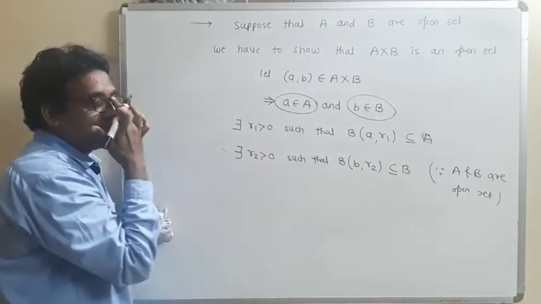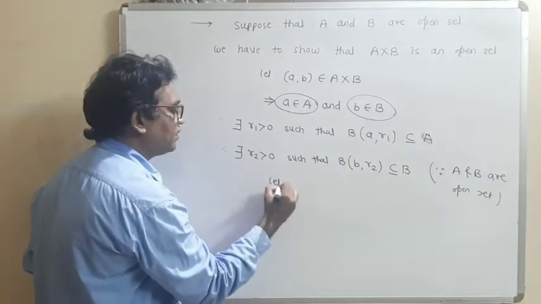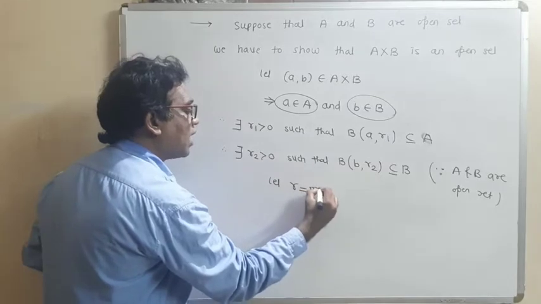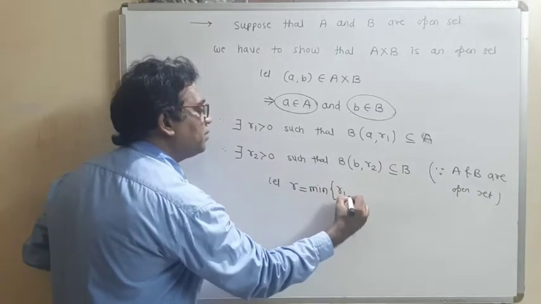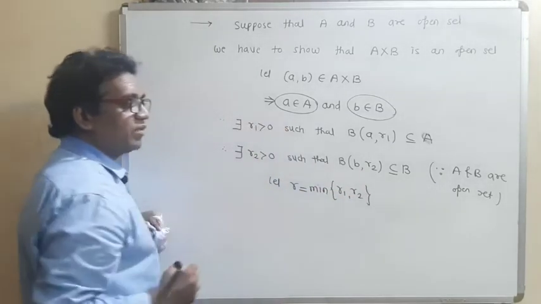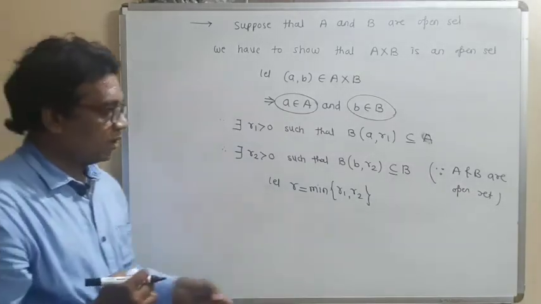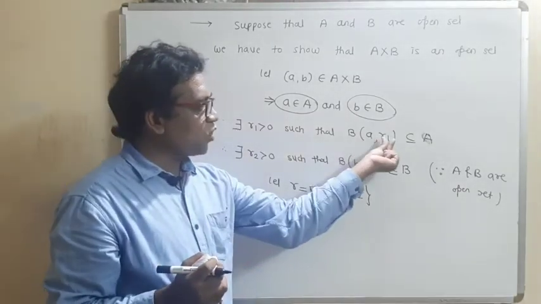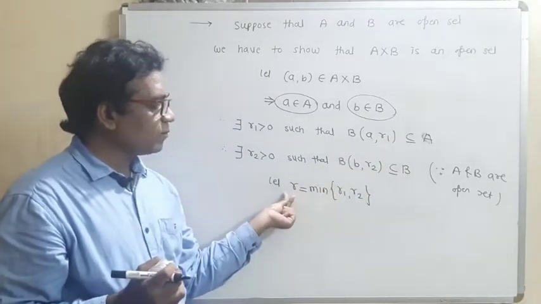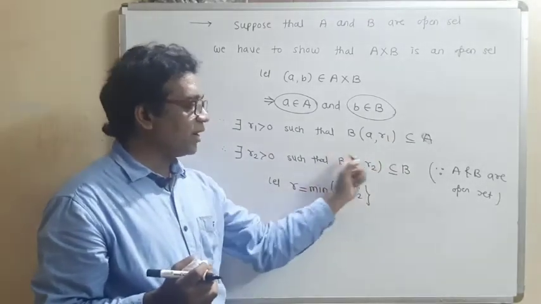Now let us put some minimum radius. Write down, let r equal the minimum of the radii r1 and r2. So this means that instead of r1 we can write r, and instead of r2 we can write r.